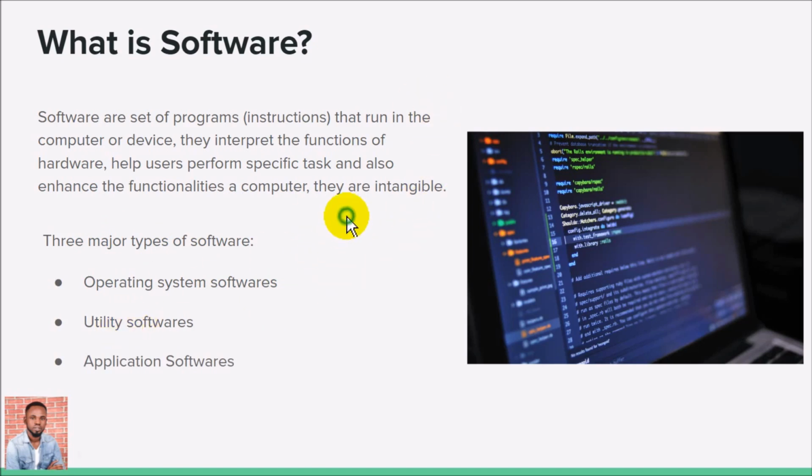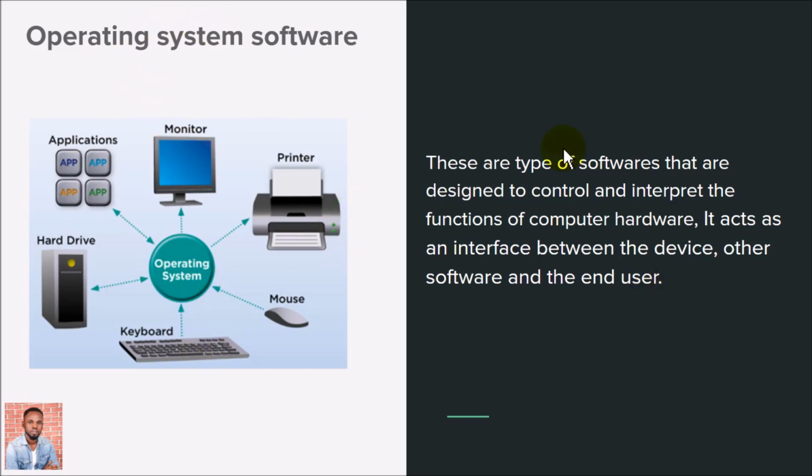Okay, so starting with the operating system software. These are types of software that are designed to control and interpret the functions of computer hardware. It acts as an interface between the user, the device, and other software in the computer. That is the way operating system software works.